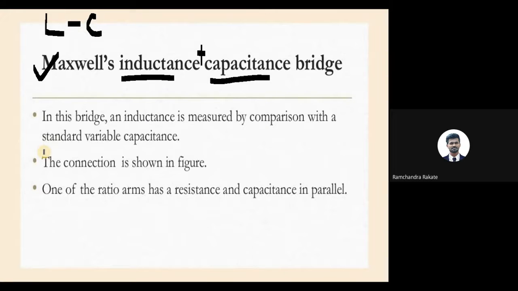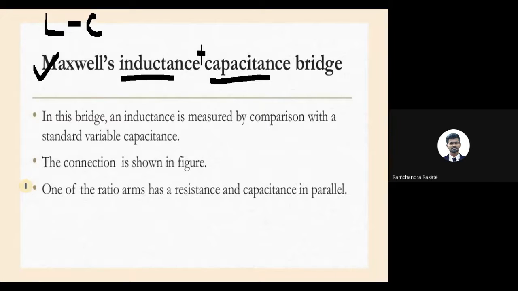This type of bridge is used to measure unknown inductance. How? By comparing it with a standard capacitor. Why? Because here we have included a capacitor instead of an inductance. Now which inductance we have replaced, we will see.